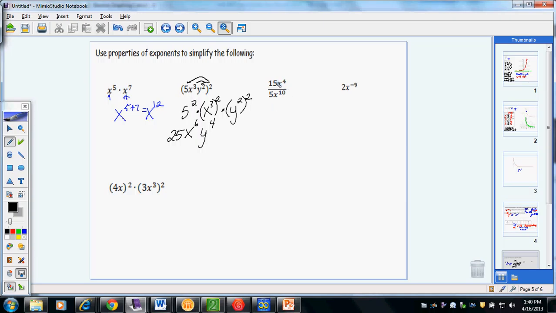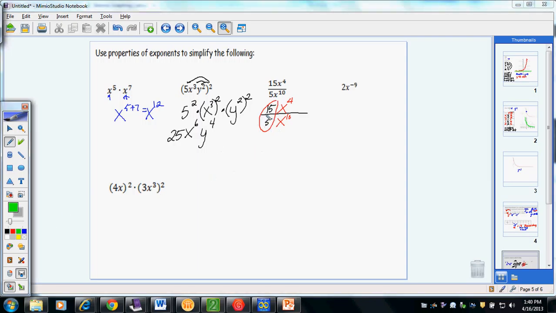So in division, if we have same bases and different exponents, we're going to subtract them. So let's break this up for a second. We have 15 over 5, and then we have x to the 4th over x to the 10th. Take the 15 over 5 over here to the side, and we know 15 divided by 5 is 3.